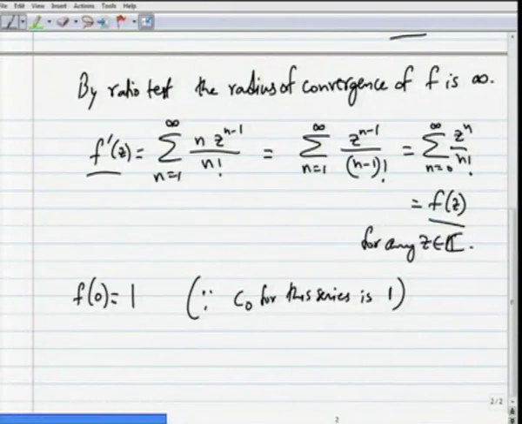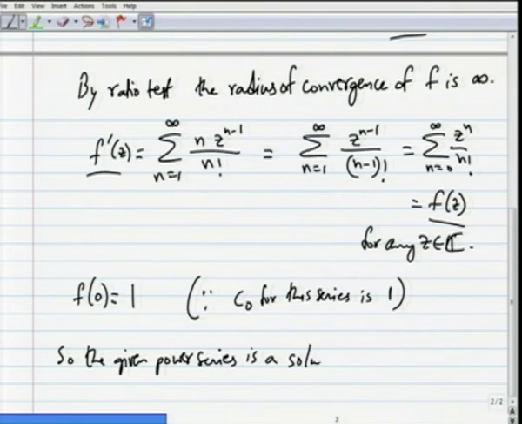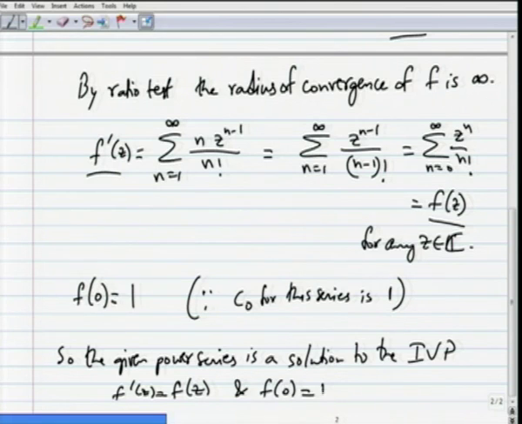So the given power series is a solution to the initial value problem f prime of z equals f of z and f of 0 is equal to 1.